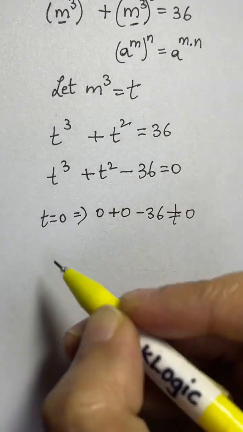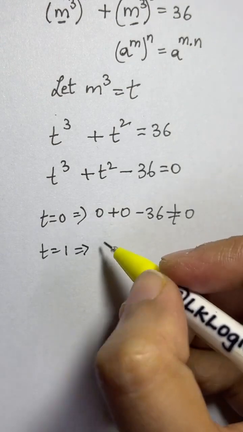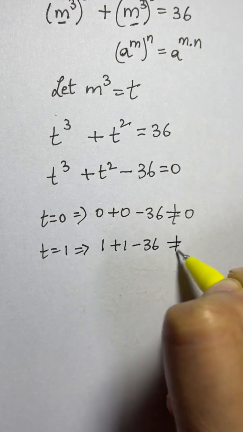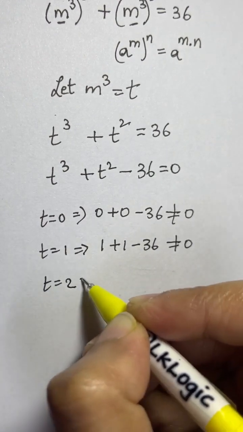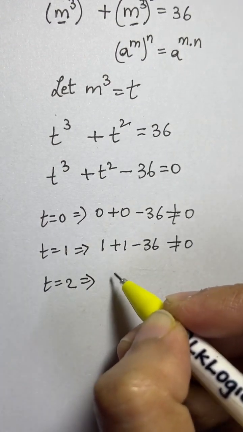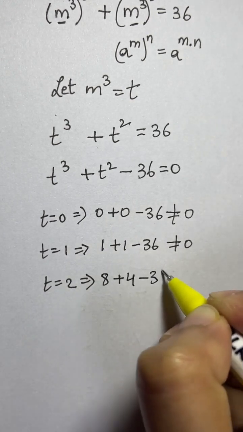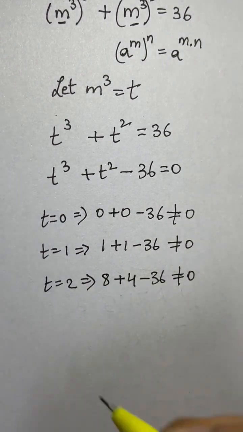Let's substitute t equal to 1: 1 plus 1 minus 36 is again not equal to 0. Let's take t equal to 2: 2 cubed is 8, plus 2 squared is 4, minus 36. 8 plus 4 is 12, minus 36, not equal to 0.